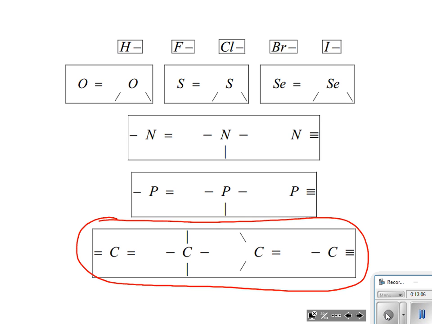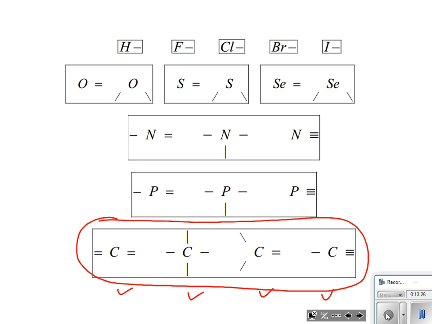So you can see that carbon could have 4 different types of bonding that it could do. Carbon could triple bond with a single bond. It could have 2 double bonds.